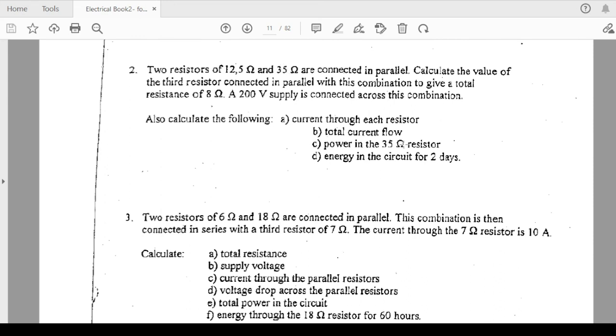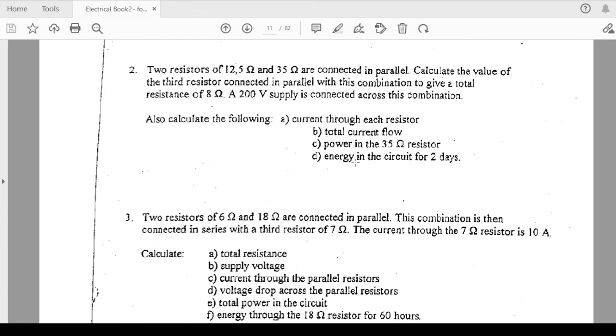Whatever you are looking for must be relating to 35. So we need power in this 35 ohms. Make sure the current is the one for 35 ohms, though the voltage is the same. And the resistance should be 35, not any other resistance. Then from those power equations, you take one that you can use to solve the power here.